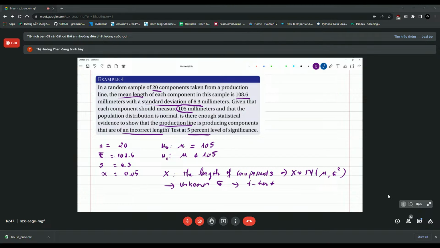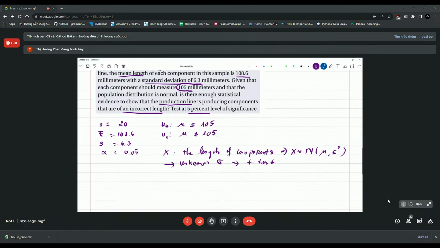If we use T test, we know that the test statistic T0 equals X bar minus mu 0 over S over square root of n.